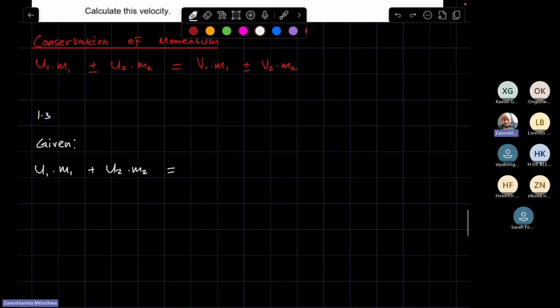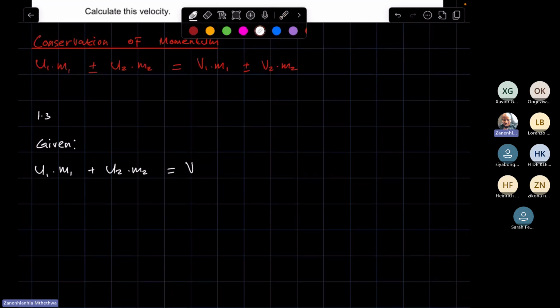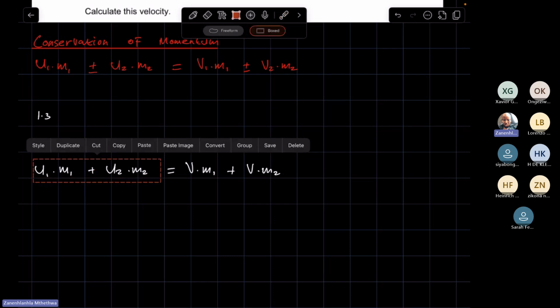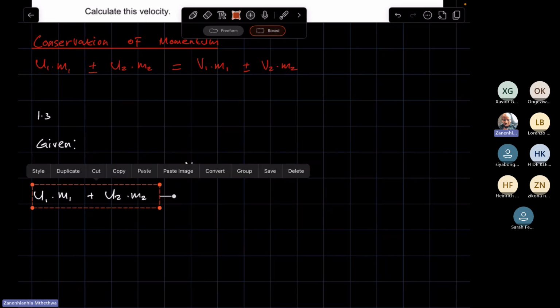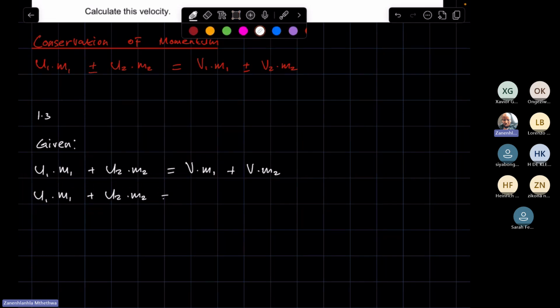Right, so here we can simply say the final velocity times mass 1 plus the final velocity times mass 2. This is to indicate that they share the same velocity, which means you can actually write this as is equal to, then you take the common factor here, which is V into M1 plus M2.